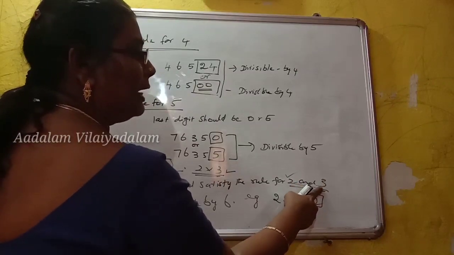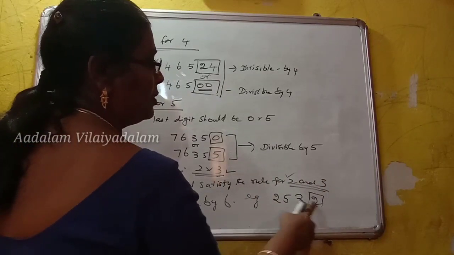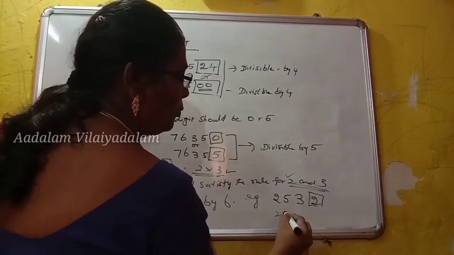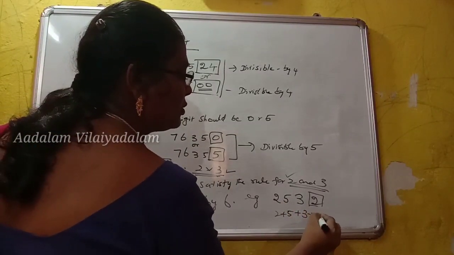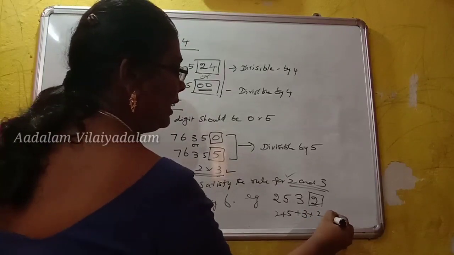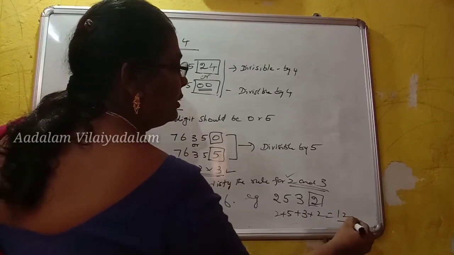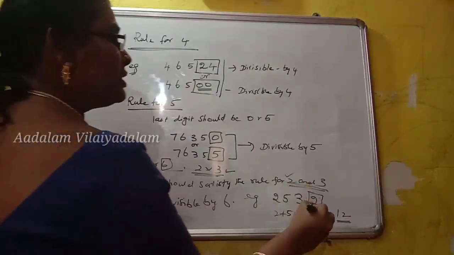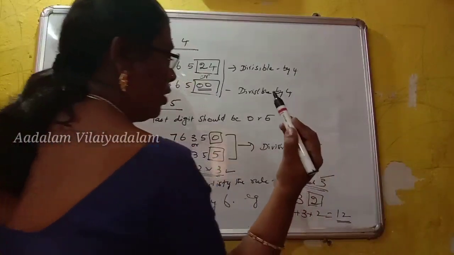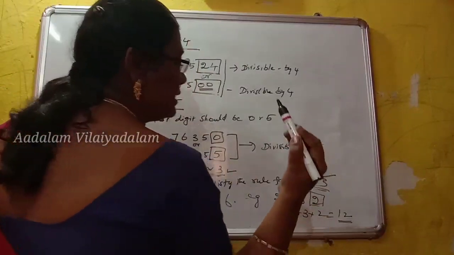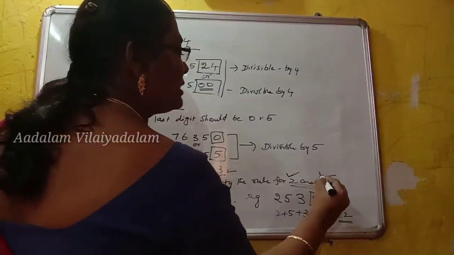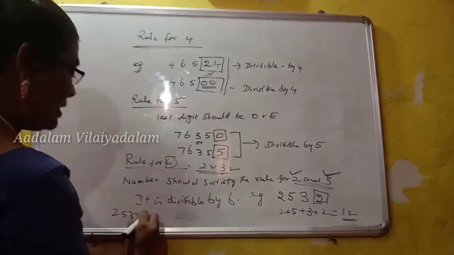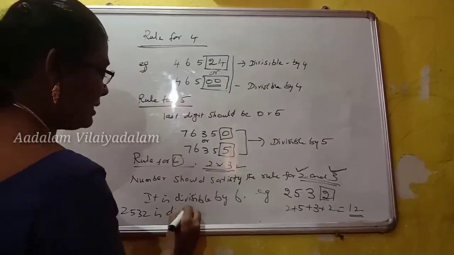What is the rule for 3? You have to add the digits: 2 plus 5 is 7, 7 plus 3 is 10, plus 2. What answer will you get? 12. This 12 is in the 3 table, isn't it? So the rule for 3 is also satisfied. Both rules are satisfied. Therefore, 2532 is divisible by 6.